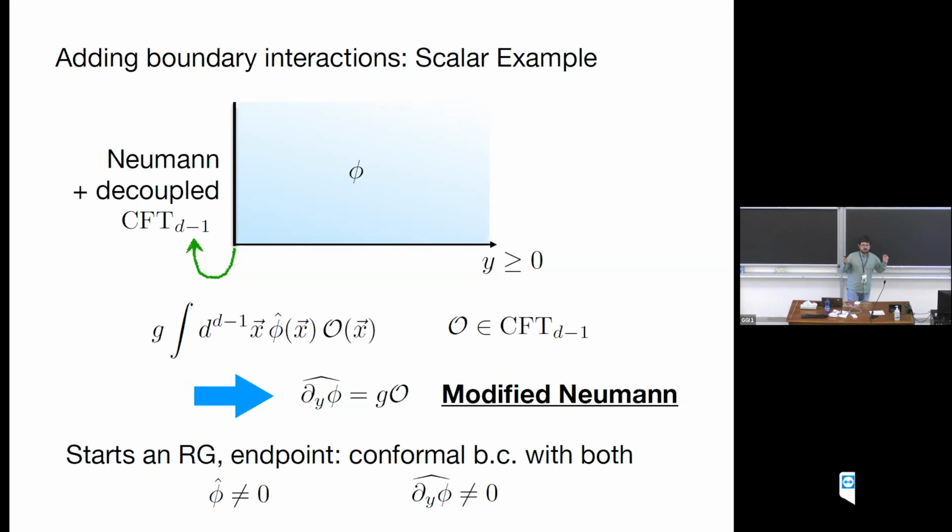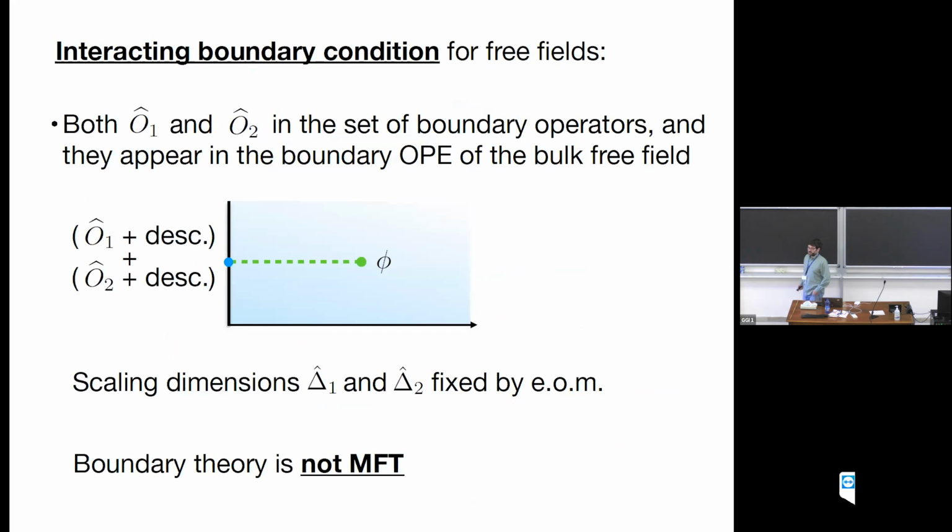An interacting boundary condition for free fields is going to be any conformal boundary condition in which both the modes that we described a minute ago need to both be non-zero. So they will both exist in the spectrum of the boundary theory.